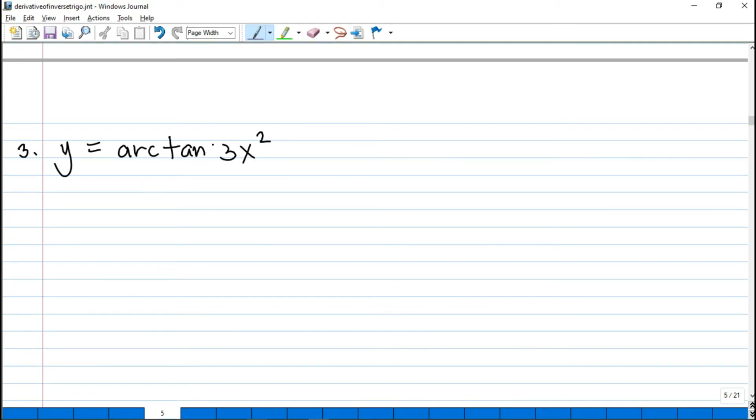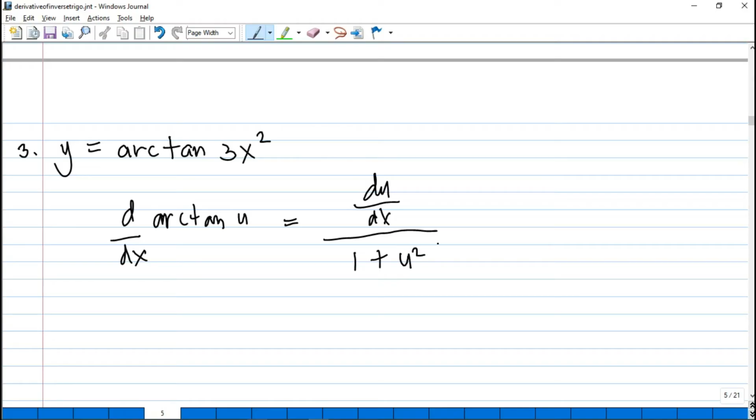For this third problem, we have y is equal to arctangent 3x squared. From the formula, the derivative of arctangent u with respect to x is equal to du over dx, that is positive, all over 1 plus u squared. So this is the formula for the derivative of arctangent u.